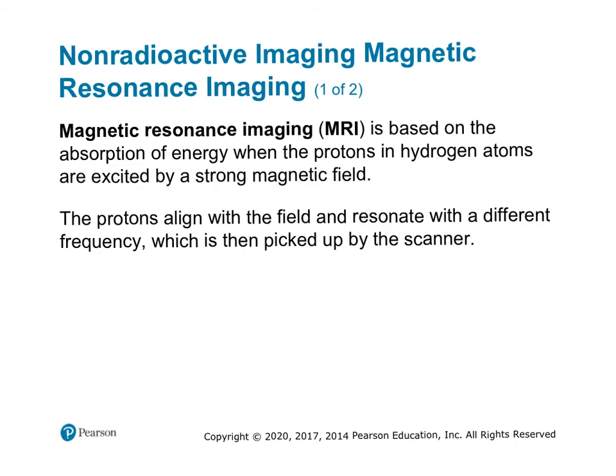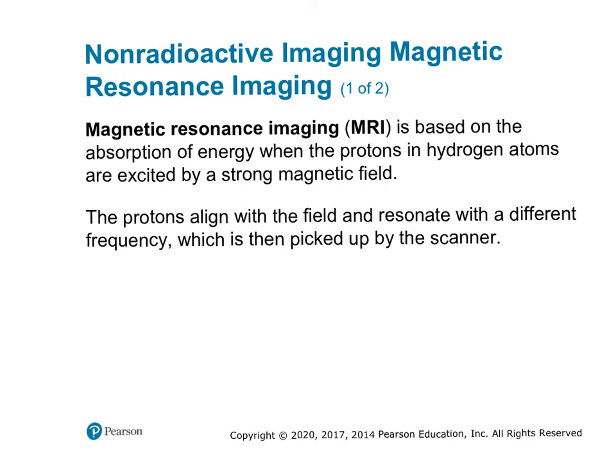The last imaging technique we'll talk about is magnetic resonance imaging, or MRI. It's based on the absorption of energy by the protons in hydrogen atoms. Hydrogen atoms are in water, which makes up over 70% of your body, and those hydrogen atoms get excited by a very strong magnetic field.